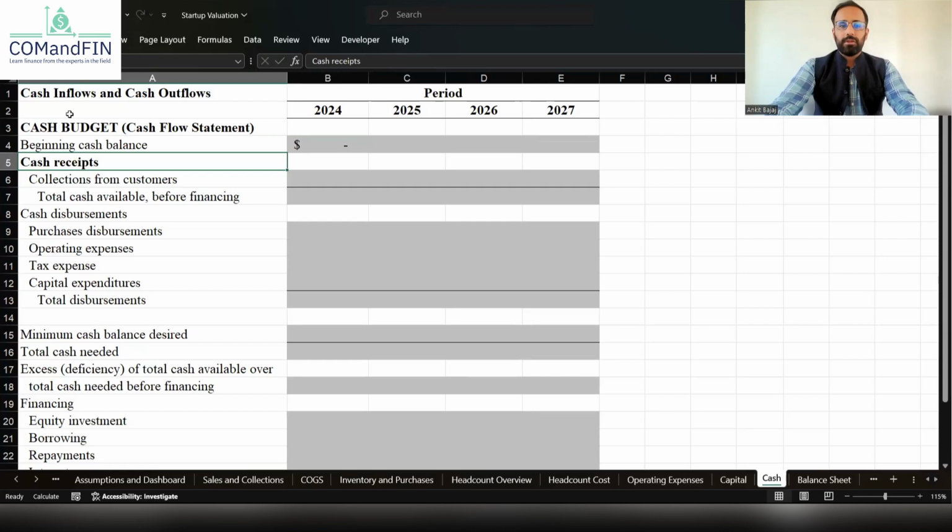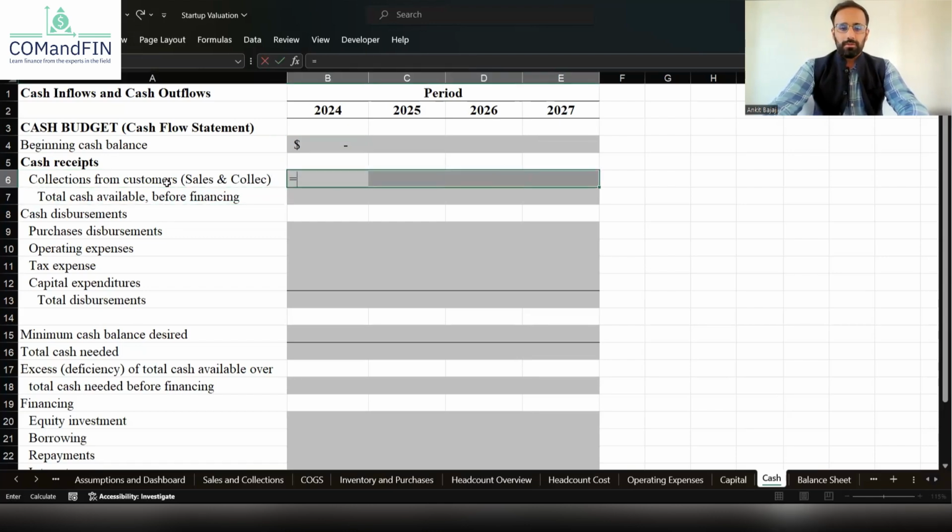Now, we have to record the transaction related to the cash collected from customers, right? From where will you get the transaction related to cash collected from the customers? Here you have to check the sales and collection sheet, to calculate the collection from customers.